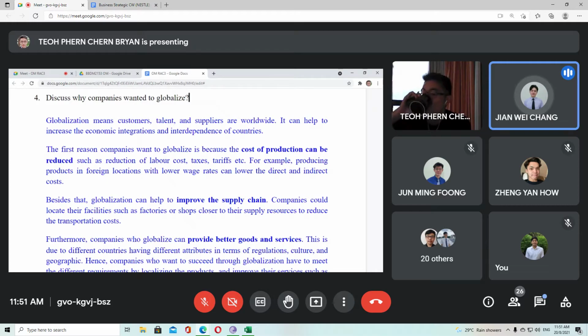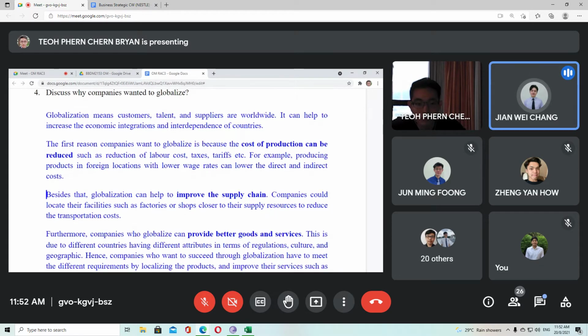So the first reason is the company want to globalize is because the cost of production can be reduced, and for example, like reduction for labor cost, tax, traffic, and producing products in foreign location with lower wage rates and lower the direct and indirect costs.